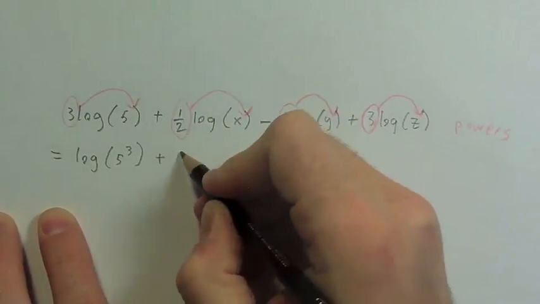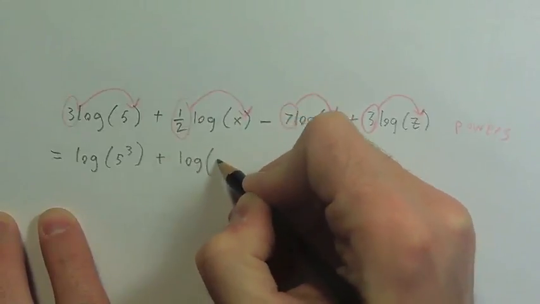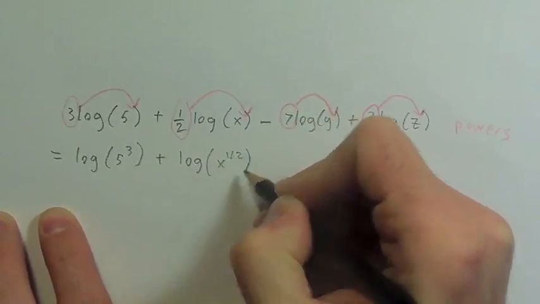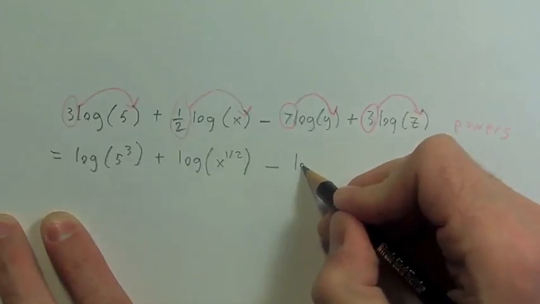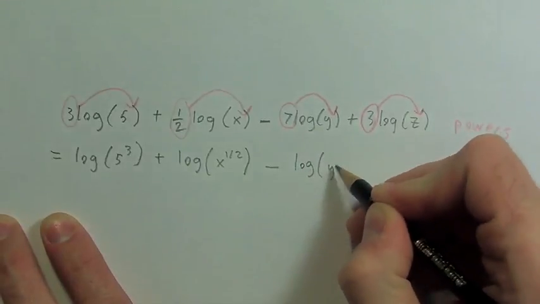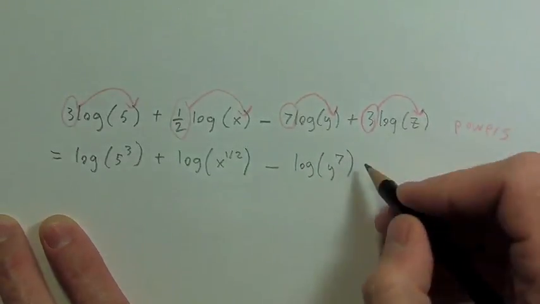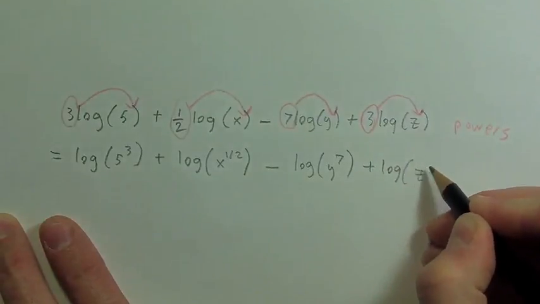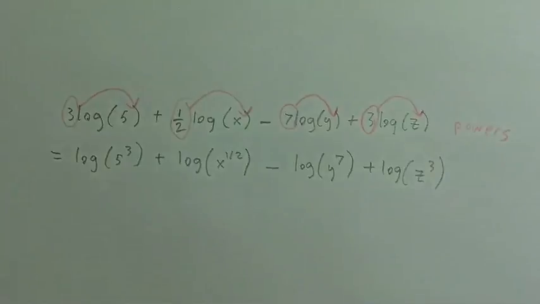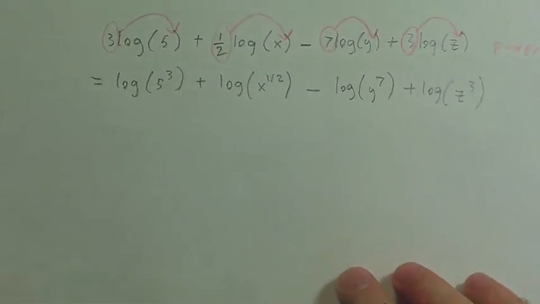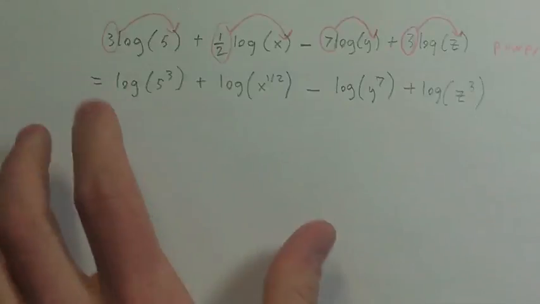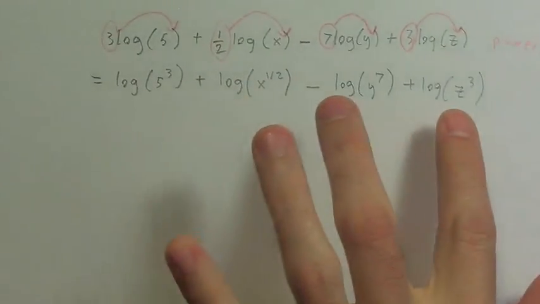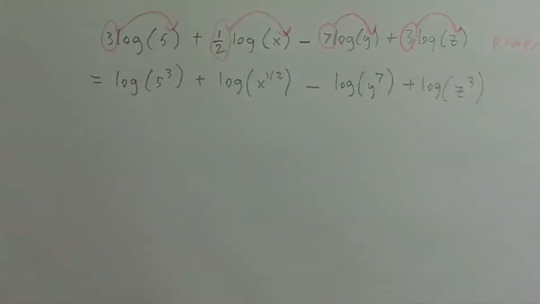This will be log of x to the 1/2 power. This will be minus log of y to the 7th, and this will be plus log z cubed. Now, keep in mind, we have the same base here because we're always using base 10.